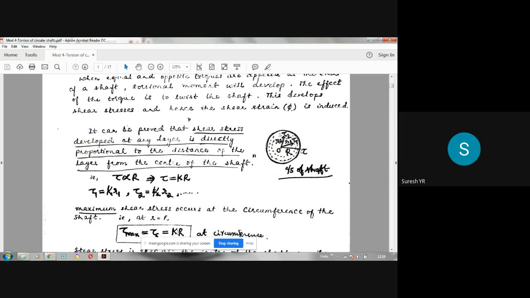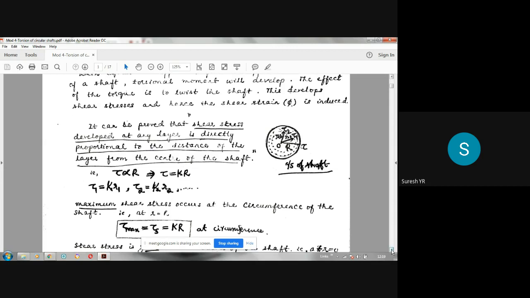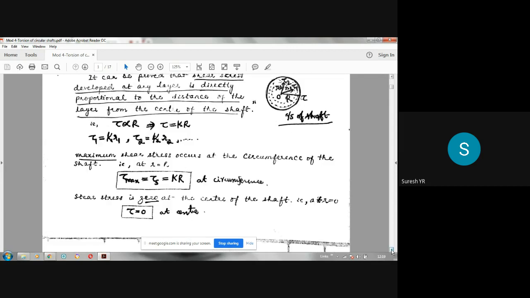So tau max, maximum shear stress, occurs at the circumference of the shaft or the boundary of the shaft. You can write it as boundary also. Circumference means boundary. So the expression is tau s is equal to k into capital R at the circumference. When r is equal to 0, tau is equal to 0.